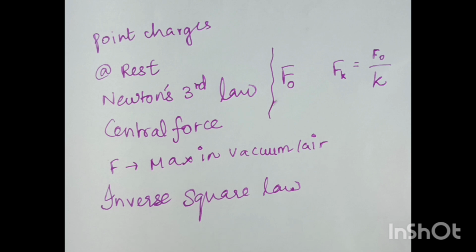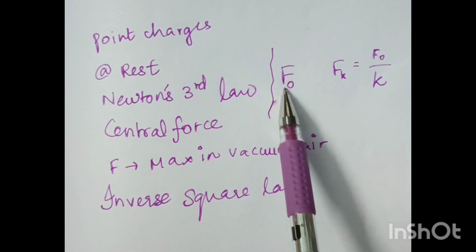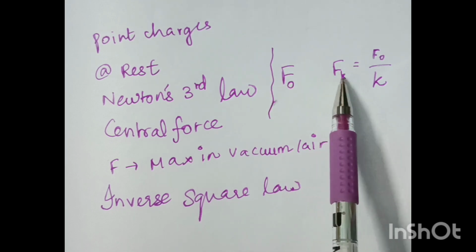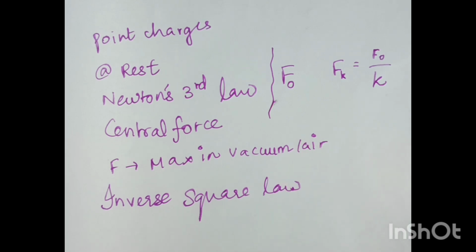That is what I have shown. Force is maximum in air or vacuum. If it is F naught in air, then in a medium of dielectric constant K, it will be F naught by K. It obeys the inverse square law. Just like gravitational force, the force is inversely proportional to the square of the distance between the charges. So it is the inverse square law.